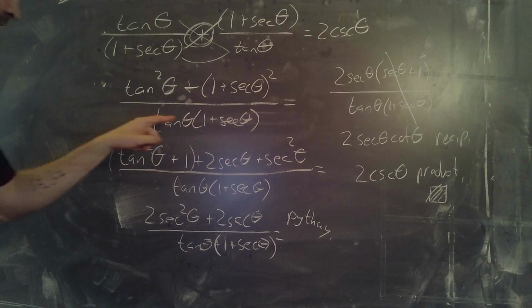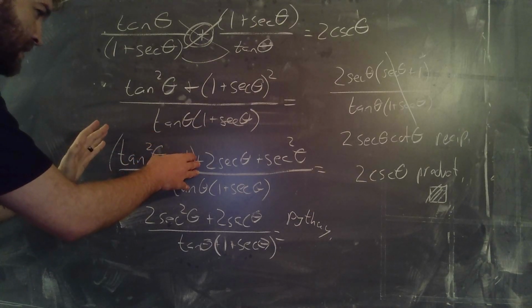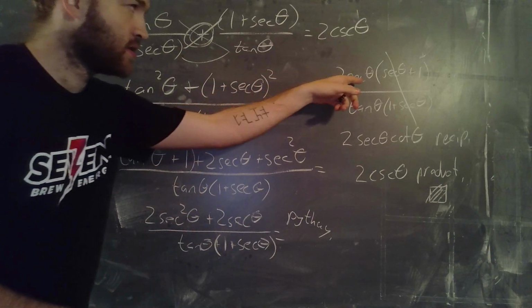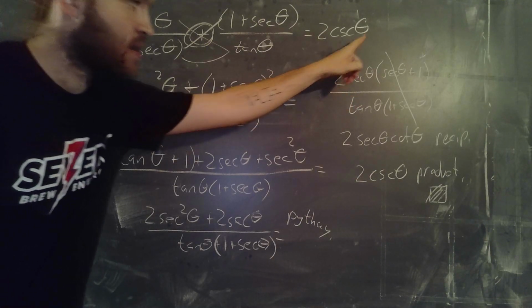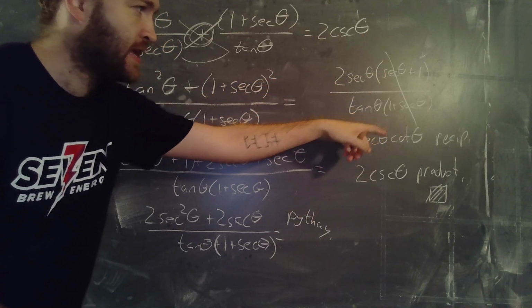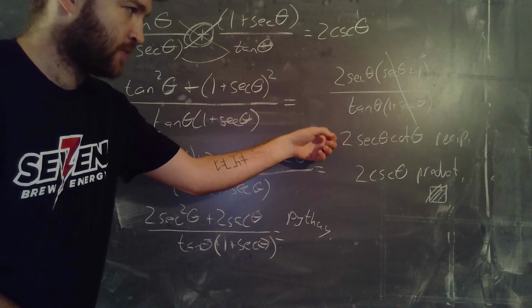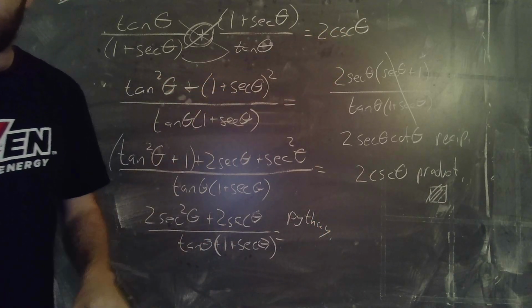You know that you shouldn't distribute the denominator. You know that that's going to result in a Pythagorean identity. You may have to factor something out of the Pythagorean identity there. Something will cancel, and then you'll have a quotient identity, which you can, of course, use reciprocals to turn it into a product identity to get the final side.